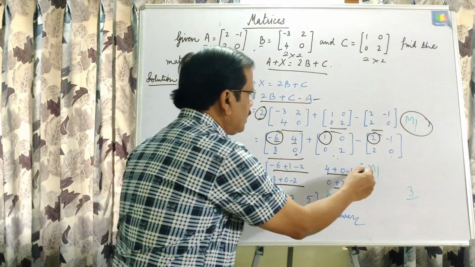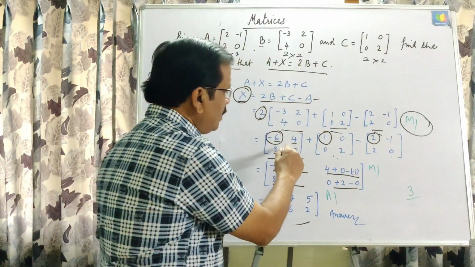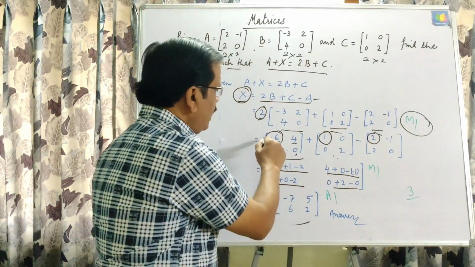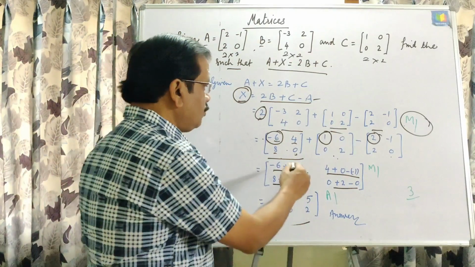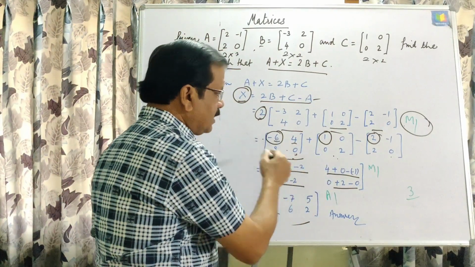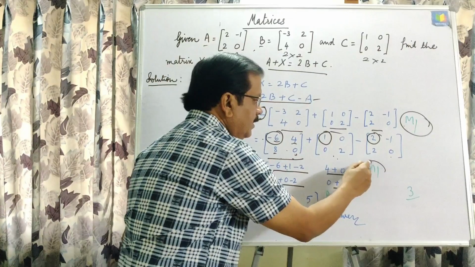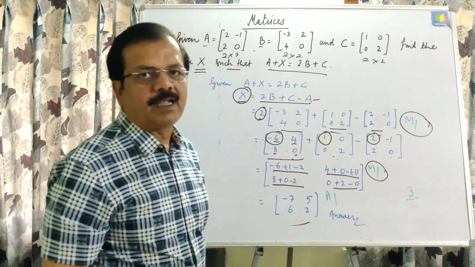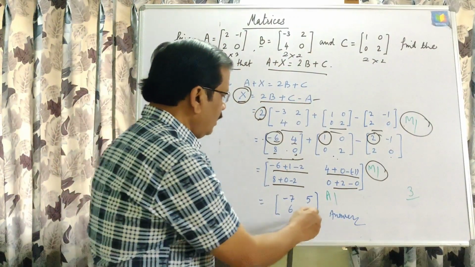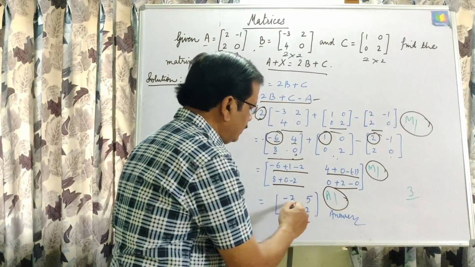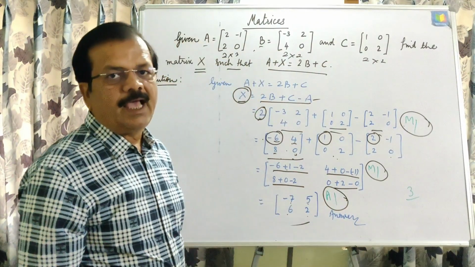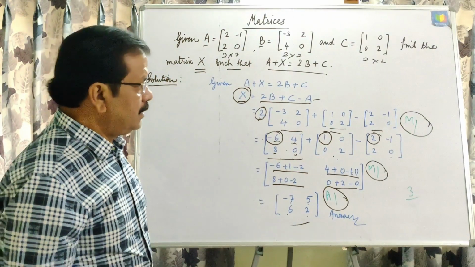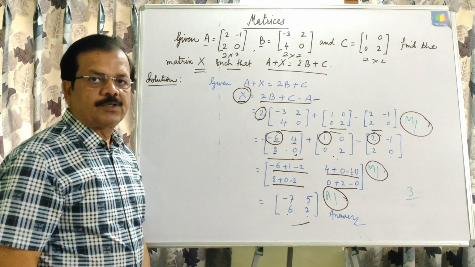The second method mark was given once you are able to add these two matrices and do the scalar multiplication, meaning you know addition, subtraction and scalar multiplication. And the third mark was for the final answer, that each element is the same as in the answer. This is all about your marking scheme also.